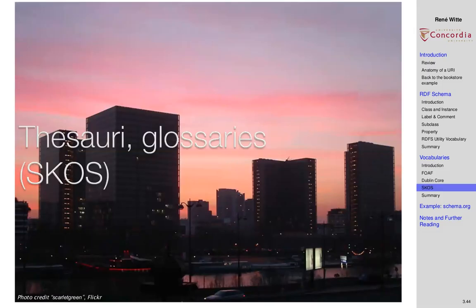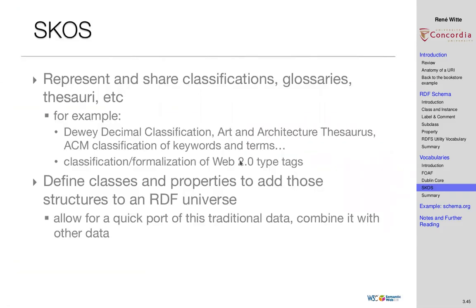Let's go back to the example that we started with in the beginning, which is an example for a glossary or a thesaurus. And there is a vocabulary called SKOS. The example you've seen in the beginning was the classification from the Library of Congress, where we want to describe, for example, information about authors, publishers, and their relationships between them.